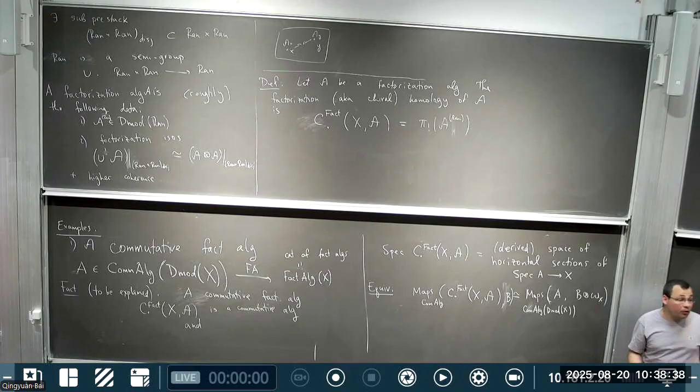If you have a commutative algebra, there's a way to produce a commutative algebra in D modules, just by pulling back.